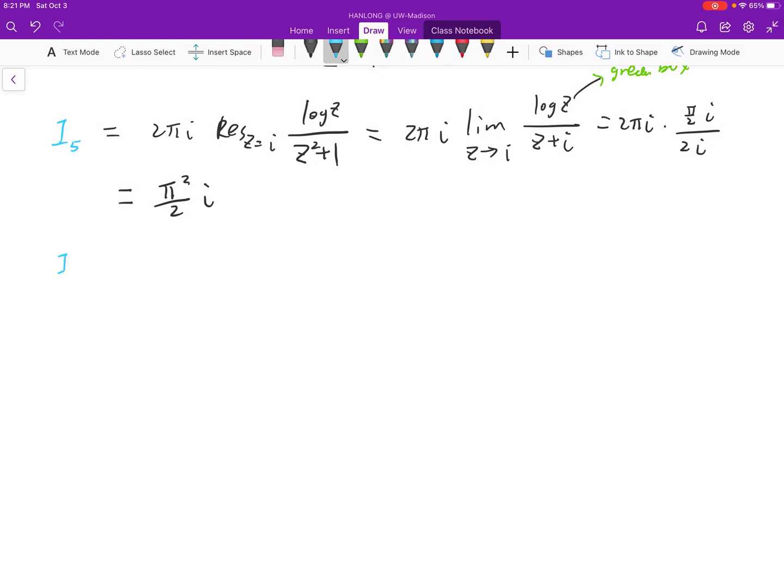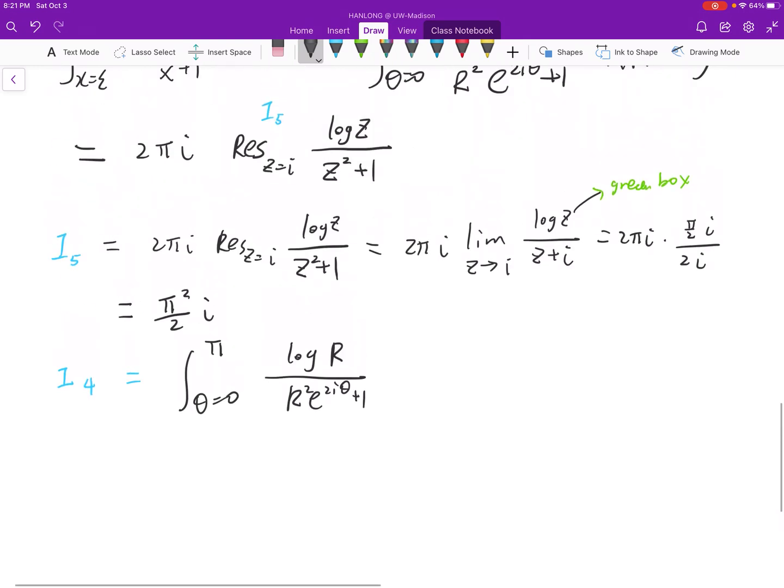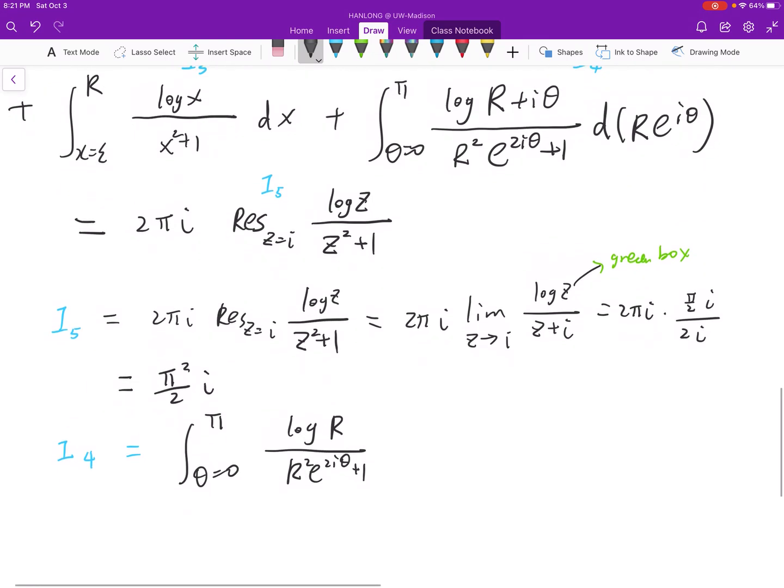Now let's look at I4. It's an integral with two parts. The first part is log R divided by R squared e^(2i theta) plus 1, times R e^(i theta) times i d theta.